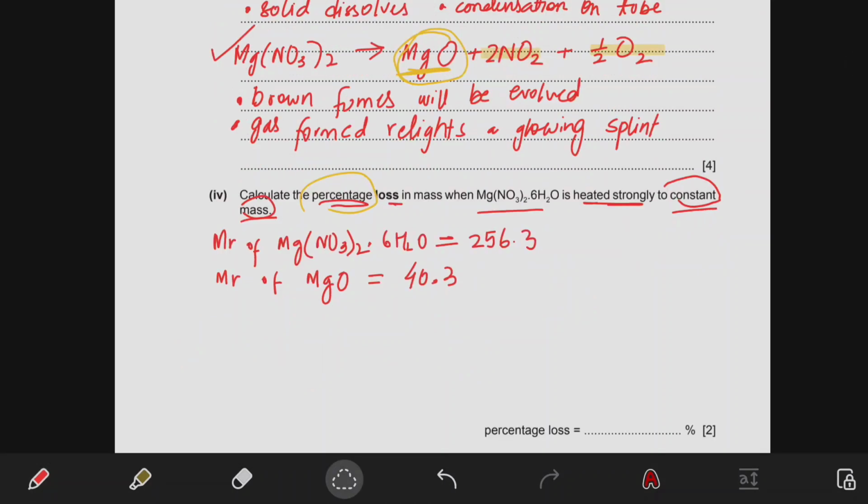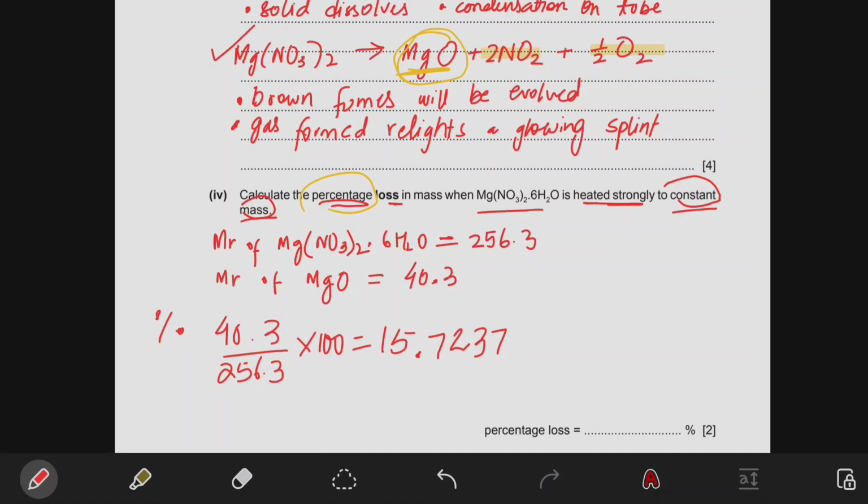Let's just see what is the percentage of this in this, right? So percentage 40.3 over 256.3 times 100, and it gives 15.7237. This is it. Now remember that this is not the final answer, this is just the percentage of mass that is remaining.